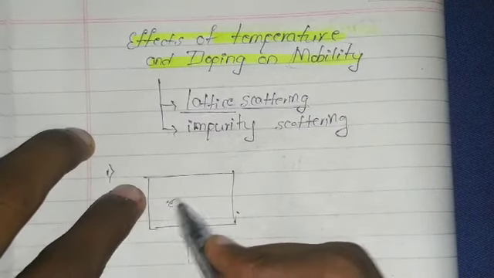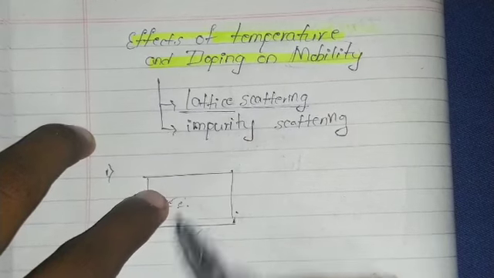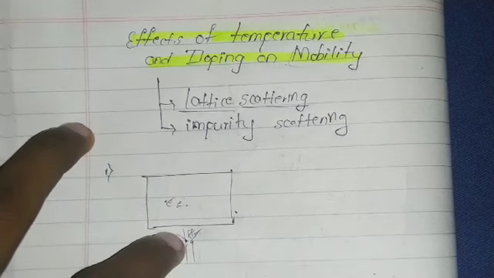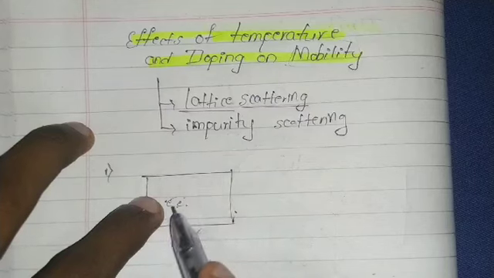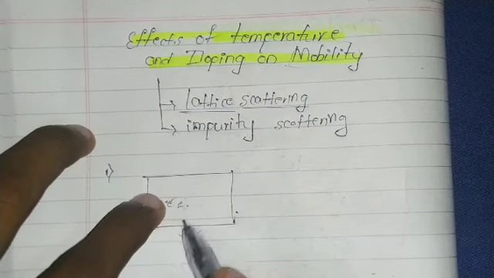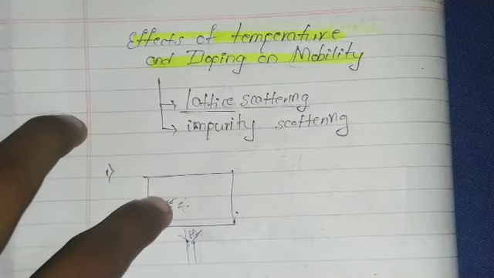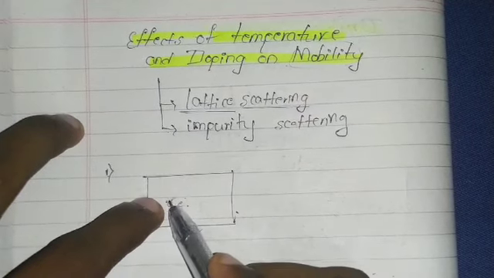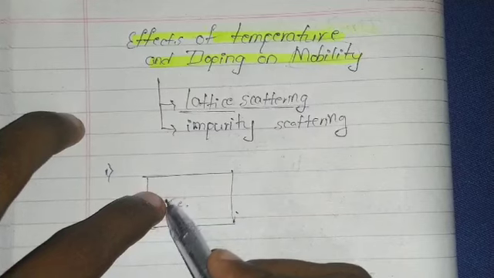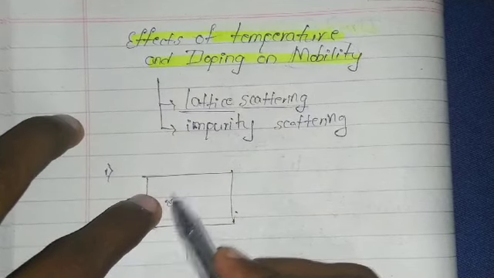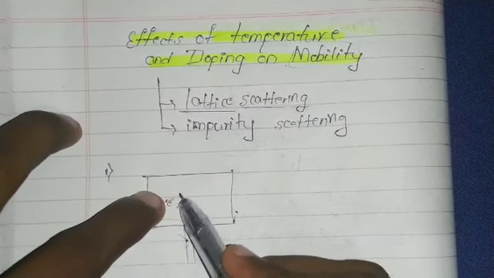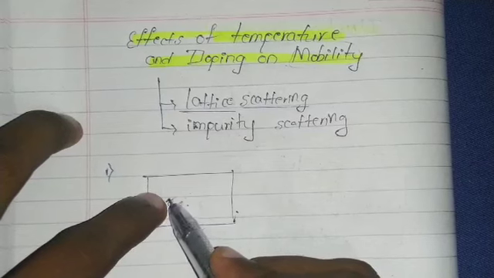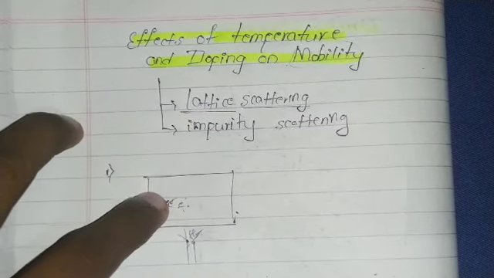If here is one electron, and here also some electrons, then if I increase the temperature, there is more random motion of these electrons. The mean free path becomes less. That means it takes very less time for the collision.